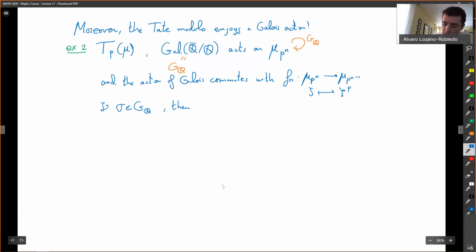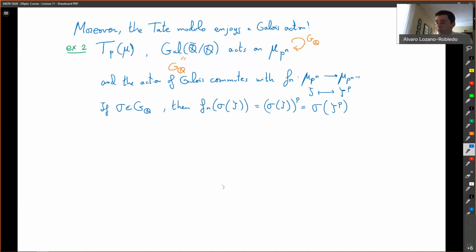So what is Fn of sigma of a P to the nth root of unity? The action of Fn is just raising to the pth power, but raising to the pth power commutes with field automorphisms, so that is sigma of that root of unity to the pth power, and raising to the pth power is what Fn does. So this is sigma of Fn of zeta. So you see Fn and sigma have commuted.